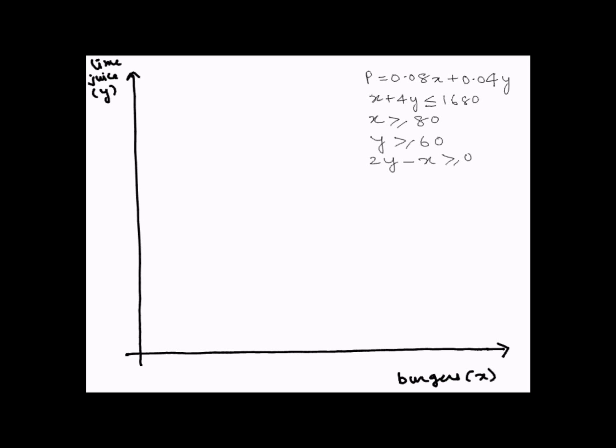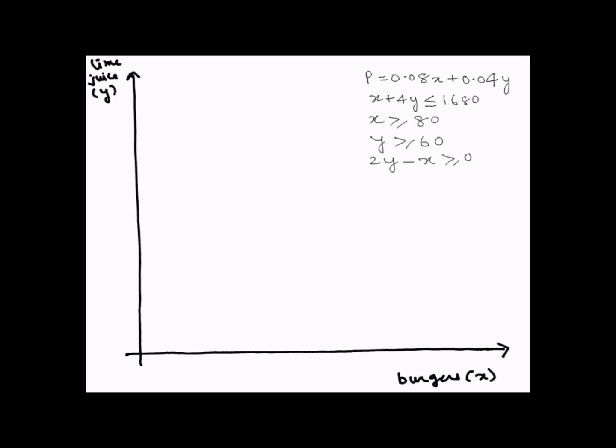Now in order to plot these lines, we have to first find 2 points which would fall on this line, and then using these 2 points, we can draw the lines. Now the easiest points would be the x and the y intercept. So if we put x and y as 0 turn by turn for each of these equations, we will get the value of x and y intercept, and then we can plot these lines.